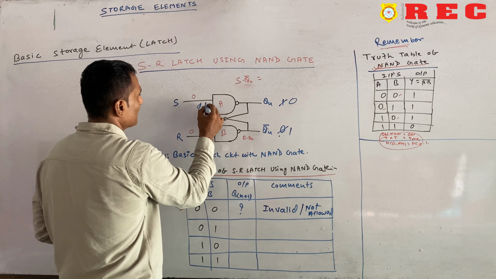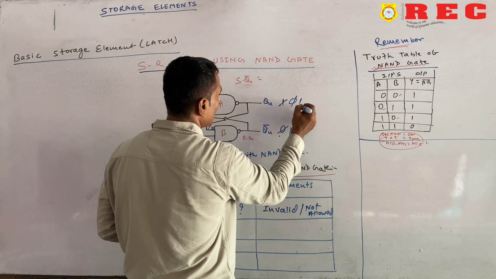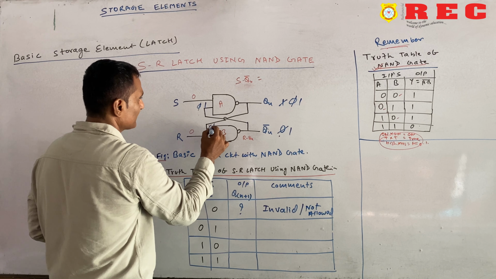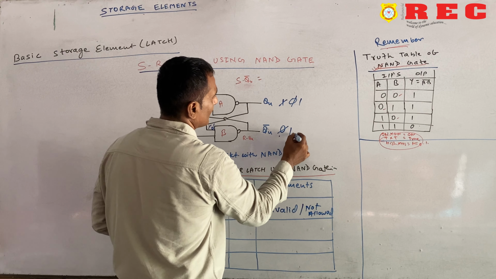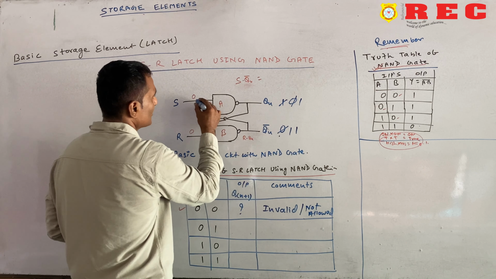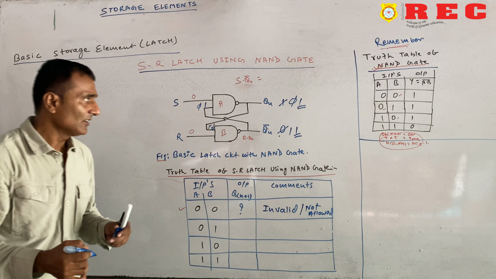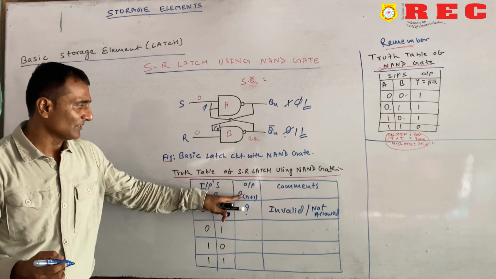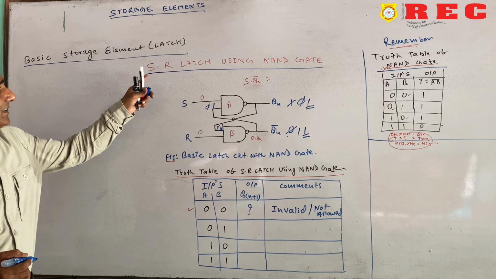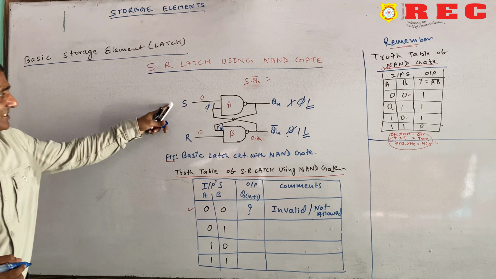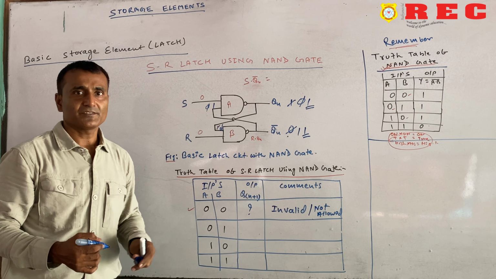This 1 will come here, and 1 and 0 will be replaced by 1. Again this 1 and 0 will be 1. So the same value is coming at the output at the next step. This is Qn plus 1, the next step. So what we have seen here is that in the NAND latch, when S is equal to 0 and R is equal to 0, it is an invalid condition.